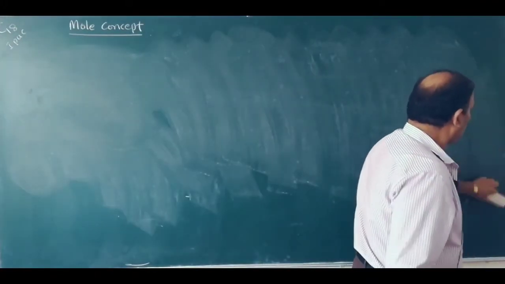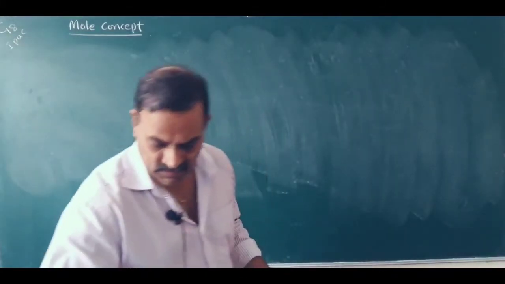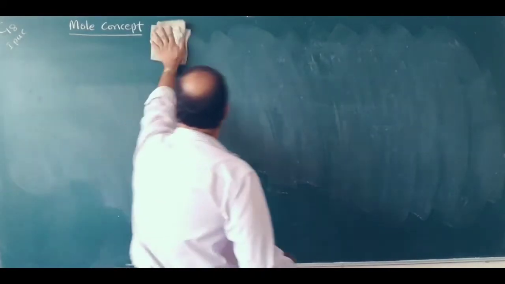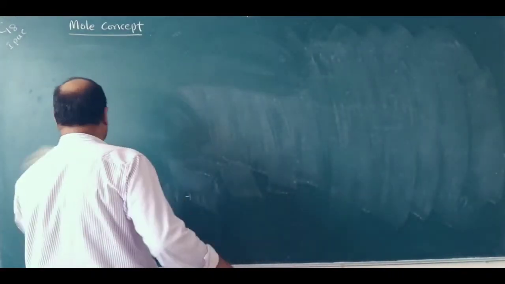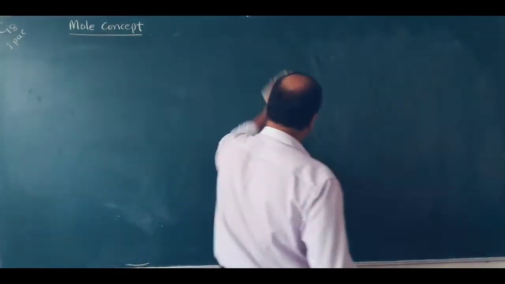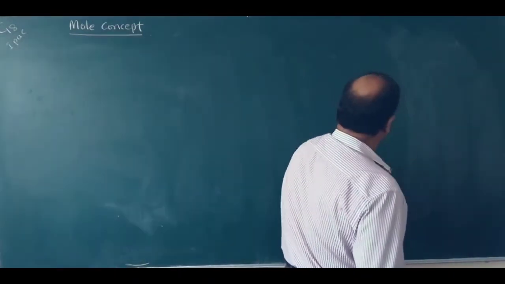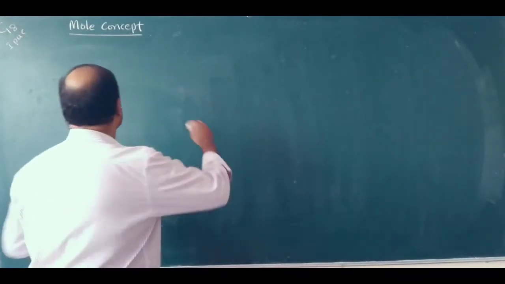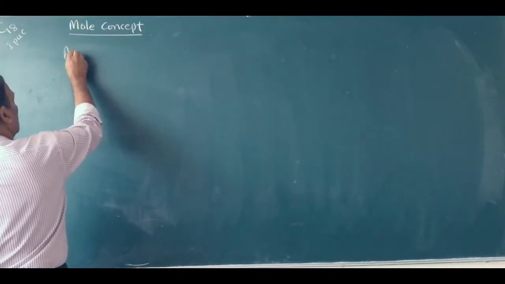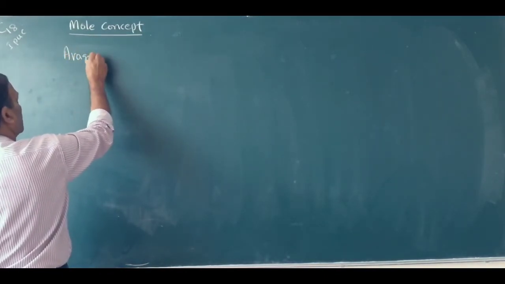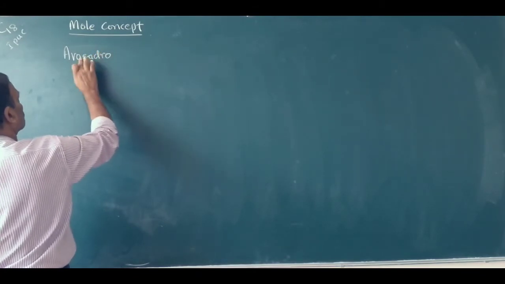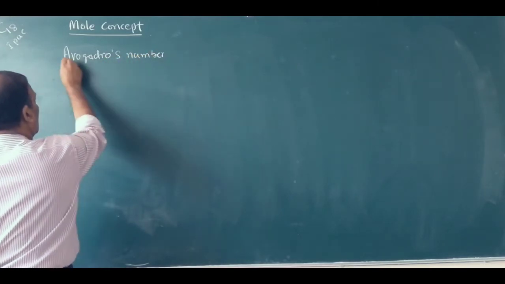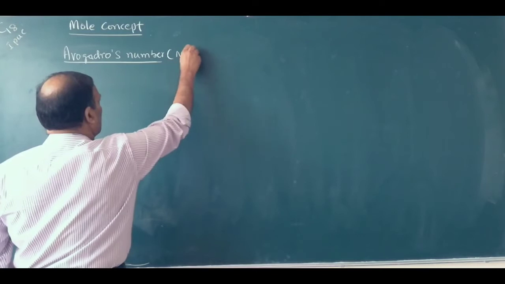What is Avogadro number? In the mole concept, first we will learn the Avogadro number. Avogadro number is represented as Na.